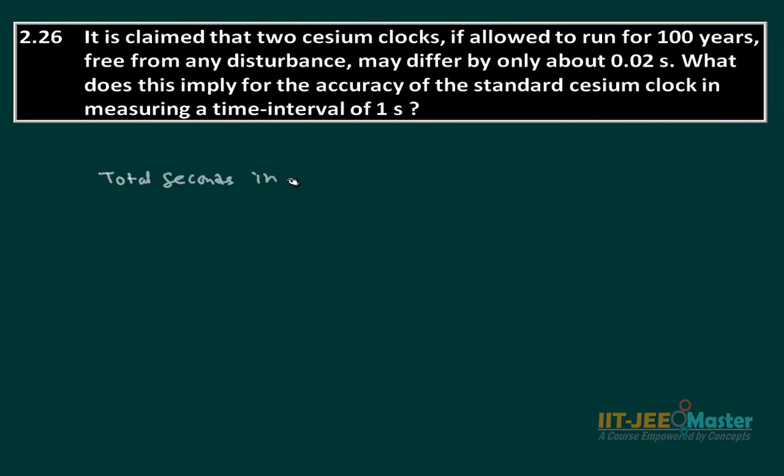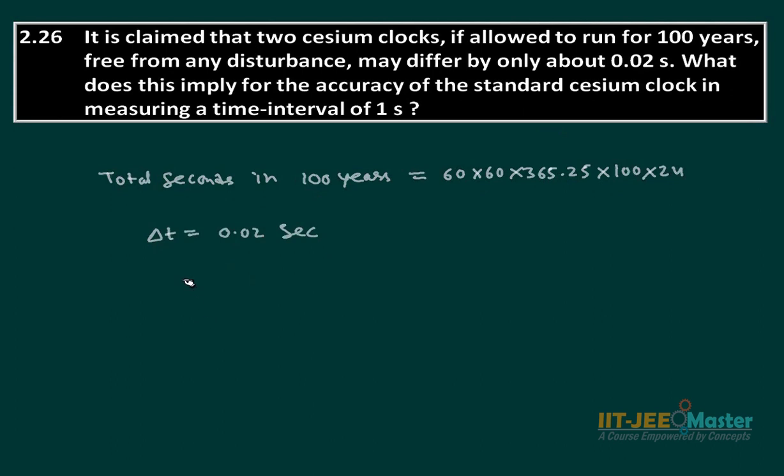Total seconds in 100 years is as follows: 60 into 60 into 365.25 days in a year into 100 years into 24 hours. And the difference delta t is just 0.02 second in this time.